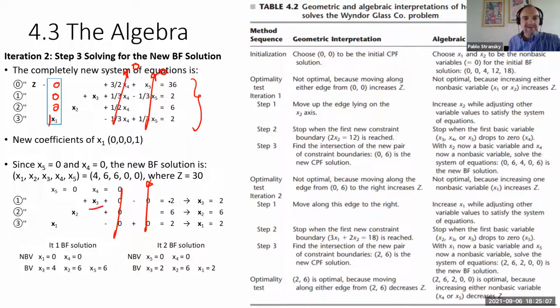So now x3 is equal to 2, x2 is equal to 6, which we already knew, and x1 is equal to 2. So my iteration number 2 BF solution would be: my non-basic variables x5 and x4 equal to 0, x3 equal to 2, x2 equal to 6, and x1 equal to 2.